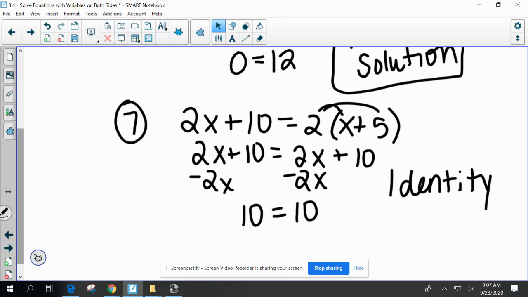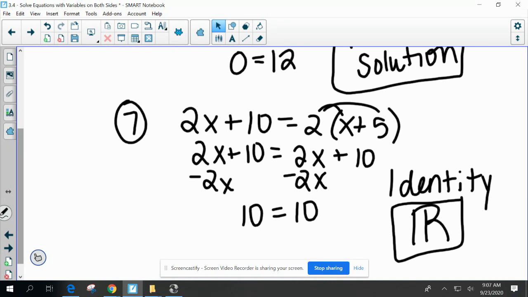You'll hear it referred to as identity. You'll also hear it referred to as all real numbers, and this is the symbol for it. It looks like an R with an extra line. So you could actually write this or identity on your homework, and they would both be correct.